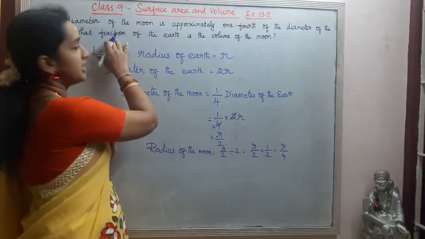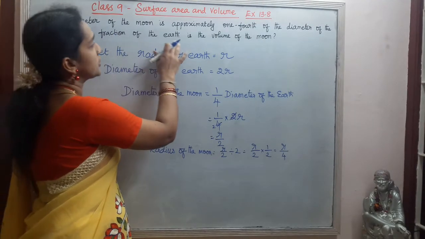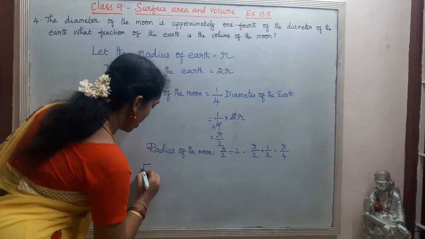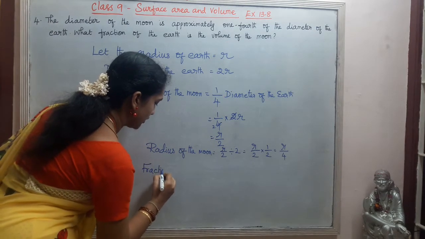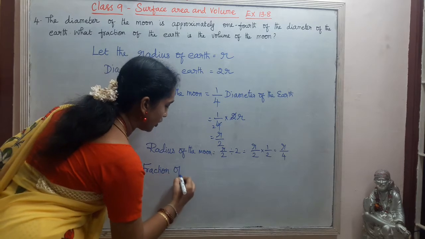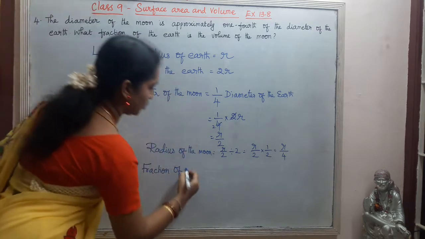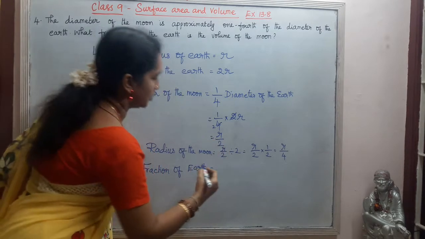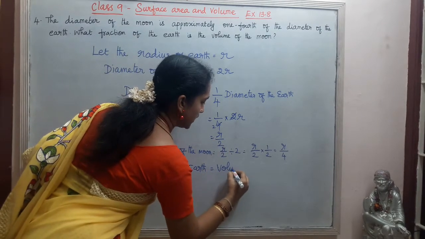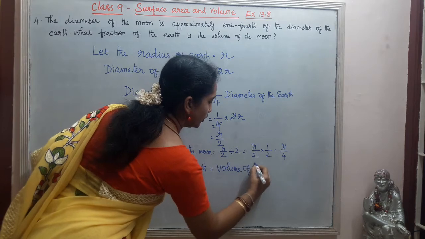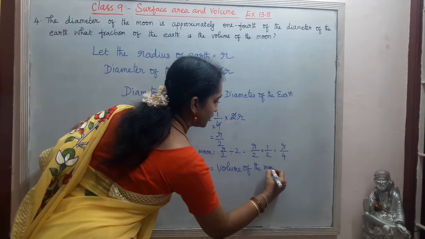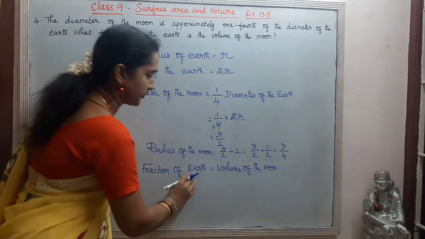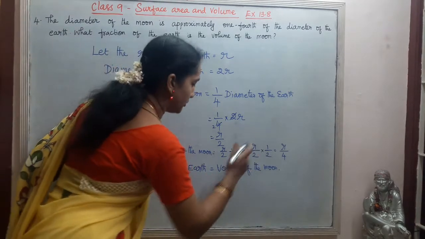Now the question given is, what fraction of the earth is the volume of the moon? So the fraction of earth is equal to the volume of the moon.